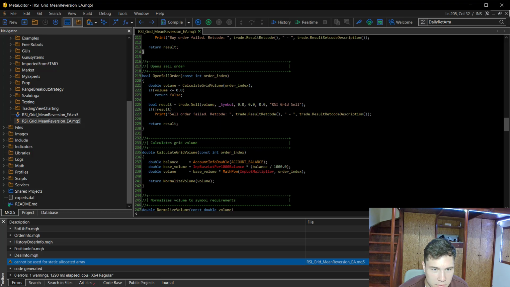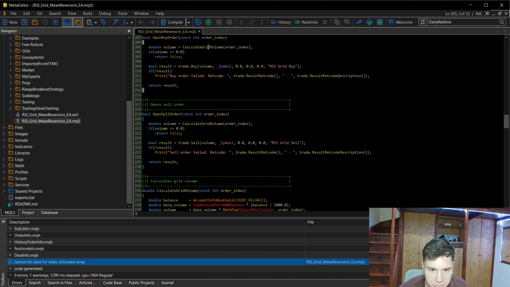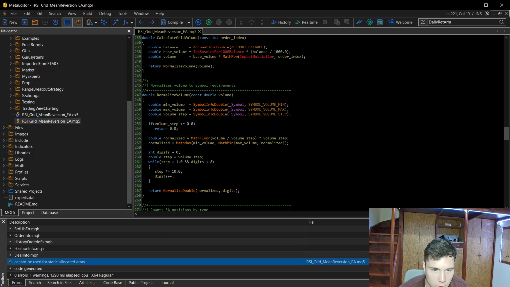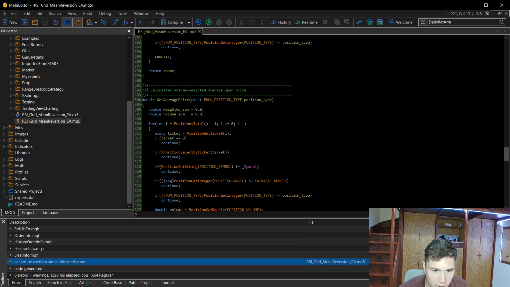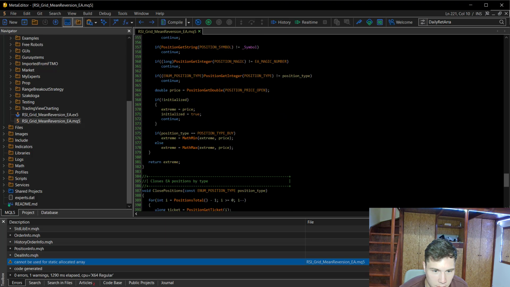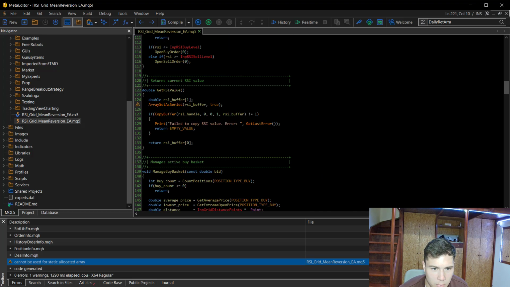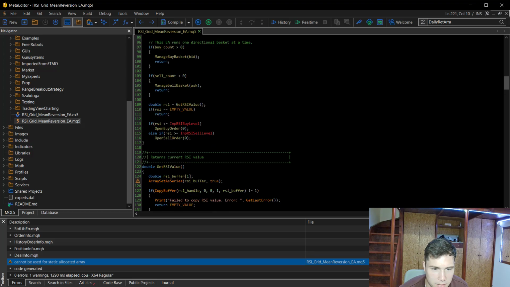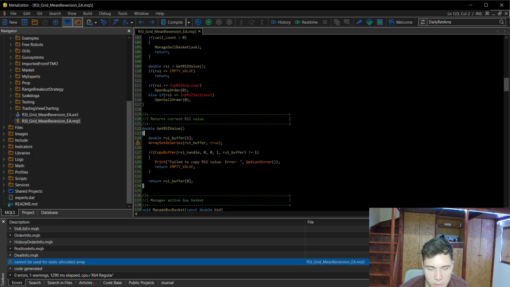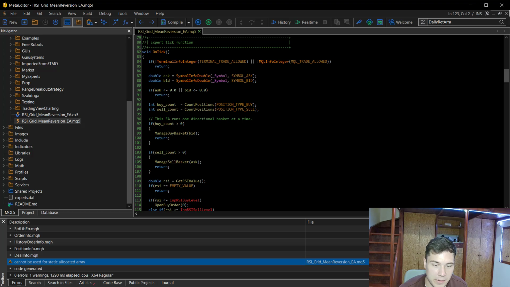Open sell order, same as the open buy order, basically just calculating the grid volume for the volume and then opening a sell trade. I think every single function is now defined. Obviously, there is the get RSI value, which gets the latest RSI value.